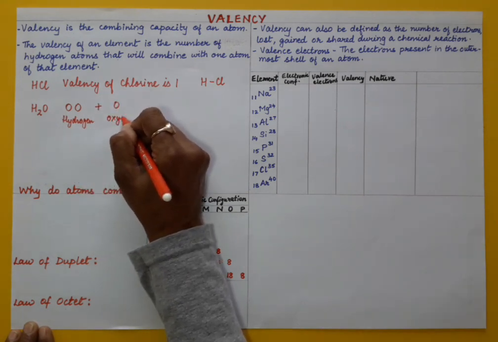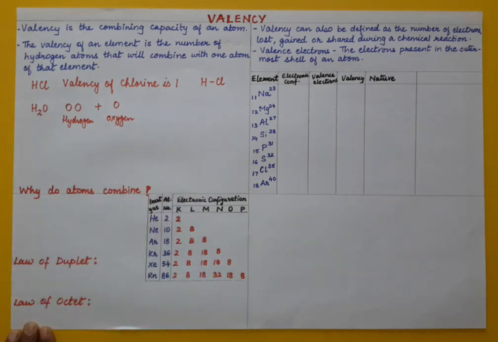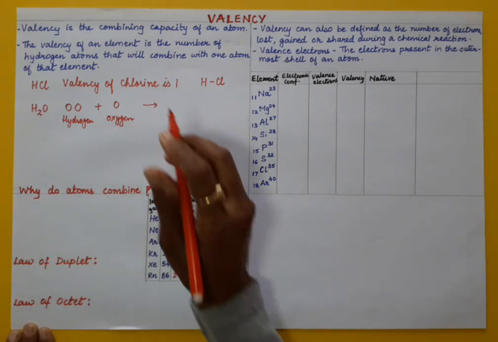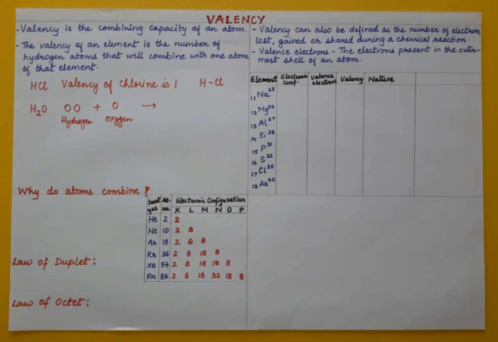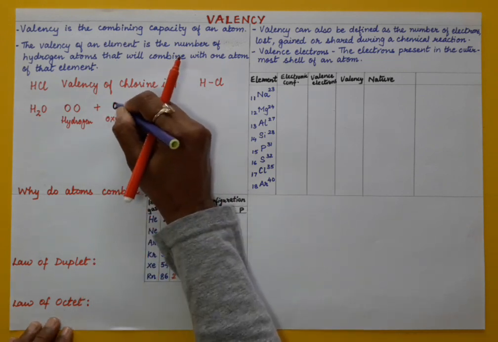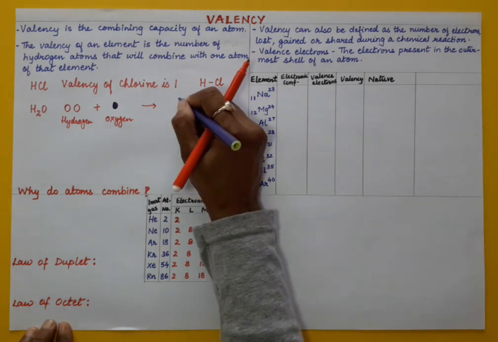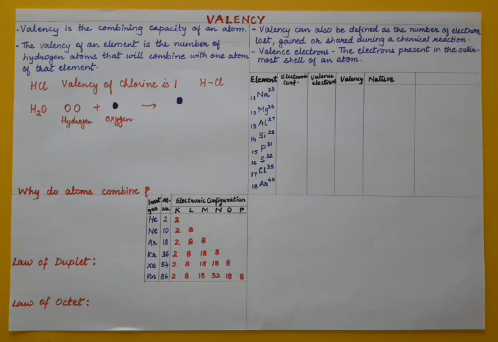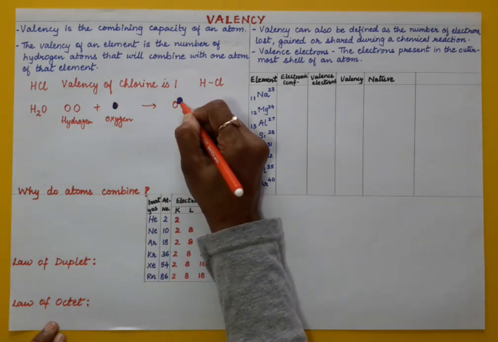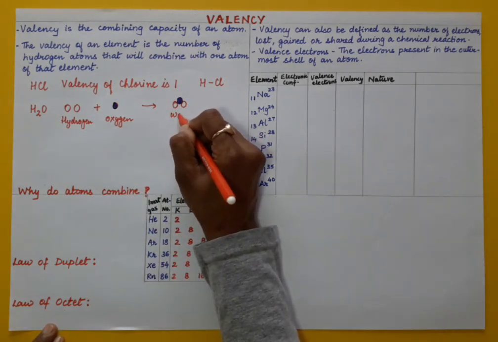So this is one atom of oxygen, you can say. Let us color it, so we will come to know this is the oxygen atom. So when it forms a water molecule, there is one atom of oxygen and two atoms of hydrogen. So this is water formed, right?